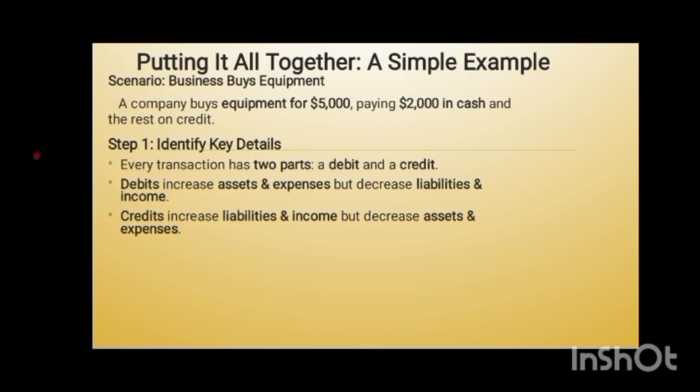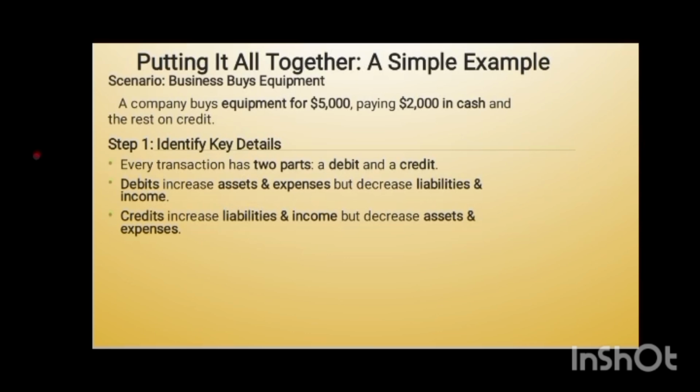Before that, we must remember that there are always two parts of a transaction, that is debit and credit. And for debits, we remember the rule that when the asset and expense increase, they will be debited, and when the liabilities and income decrease, they will be debited.